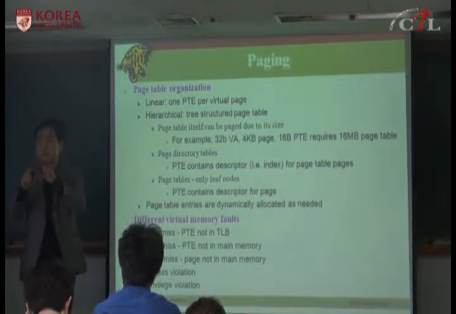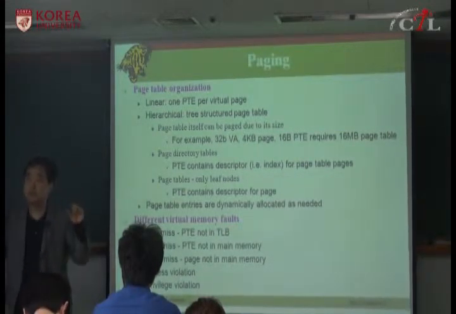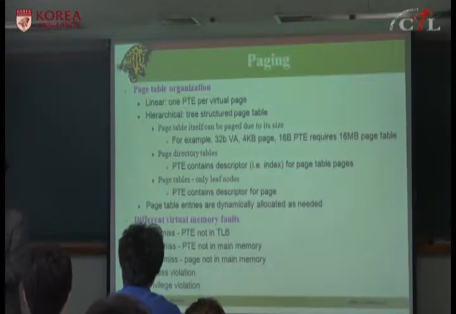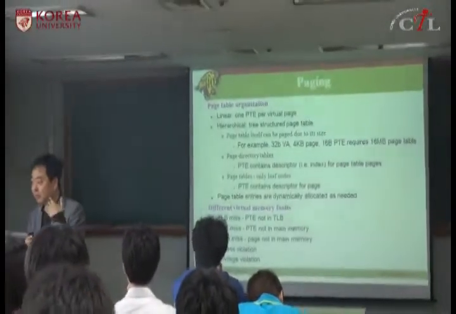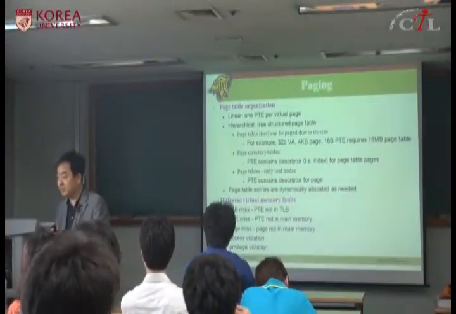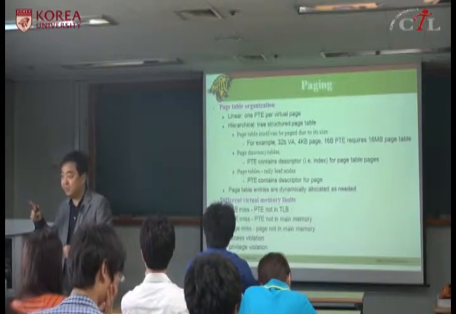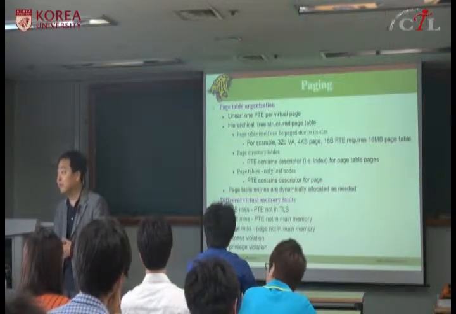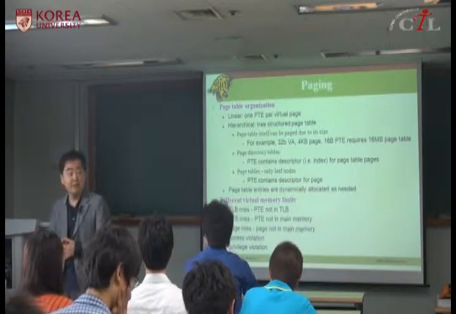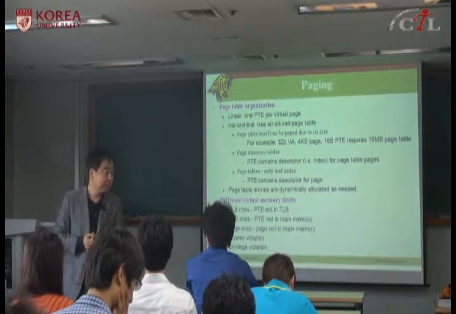So you look up the TLB. If you miss the TLB, it means TLB miss. You find the TLB entry. So even if you hit the TLB, sometimes the page table entry says it's not present. It means page miss. Okay? That's possible.